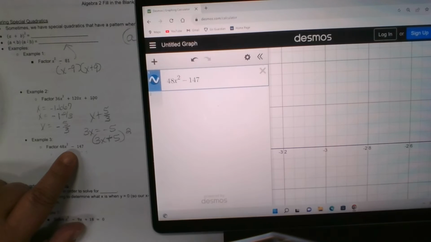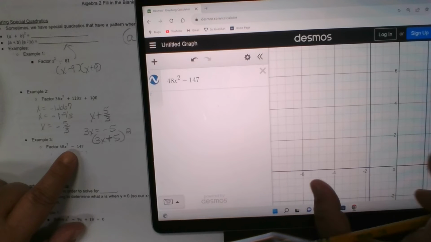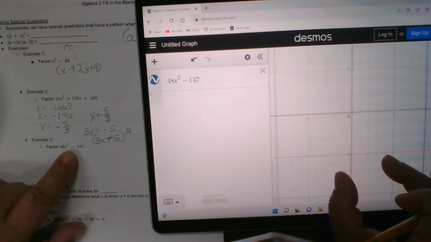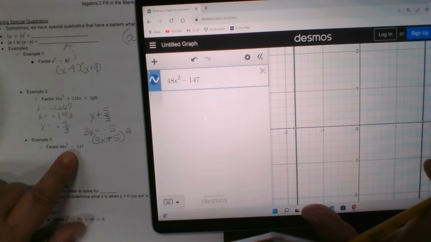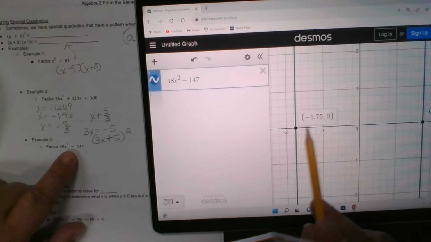Okay, so it's graphed on here. It's going to be a weird looking graph. Oh my goodness, there it is. Where's it crossing? It's crossing at the same location on each side of the 0 mark, at 1.75.